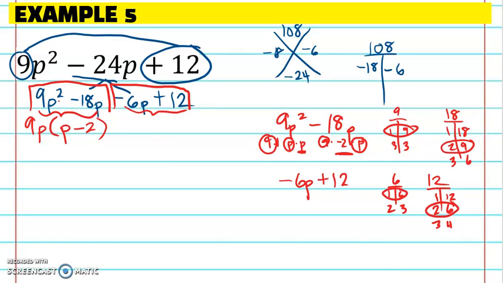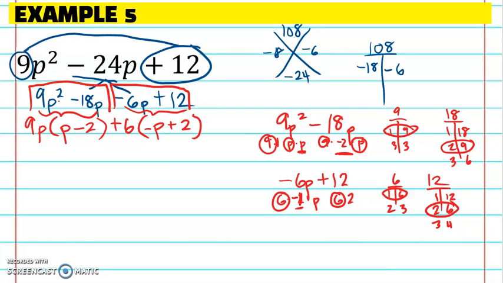So we have 6 times negative 1 times p, and 6 times 2, so we have that 6 in common. So I put 6 times negative 1p and then times 2 to get 12. Okay, so look, I have p minus 2, but then I have negative p minus 2.